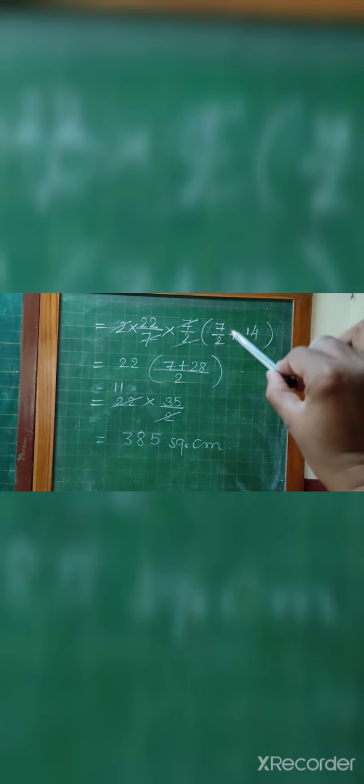Now 7 cancels by 7, 2 by 2, 22, and when you take LCM, 2 will be the LCM and 7 as it is, and 14 2s are 28. 28 plus 7 is 35, and this 2. So 22 cancels by 2, 11 times. So when you multiply 11 into 35, you will get 385 square centimeter.